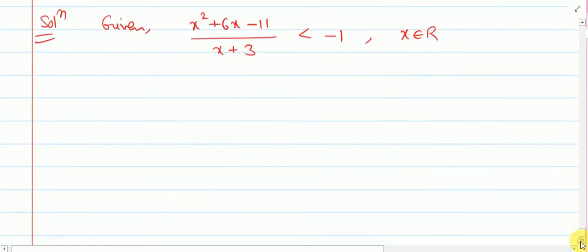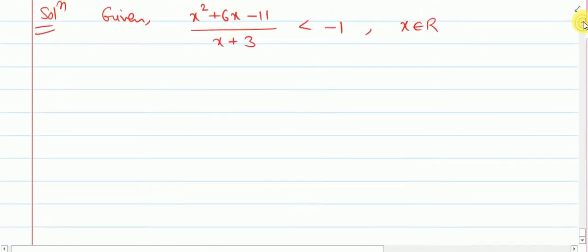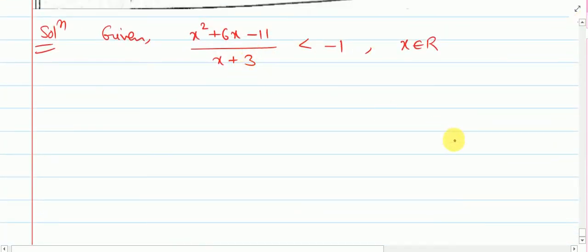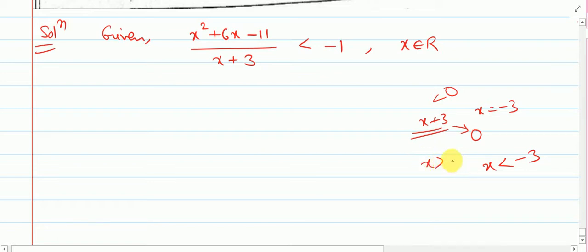Now here what do we observe is, on the left hand side, if you see the denominator, it is x plus 3. Now if you put x equal to -3, then this will become 0, and if you put x less than -3, then in that case this will be negative. And if you put x greater than -3, then in that case this will be positive.